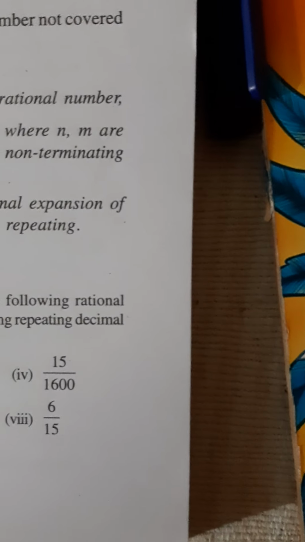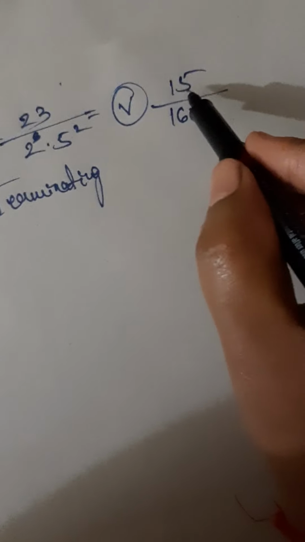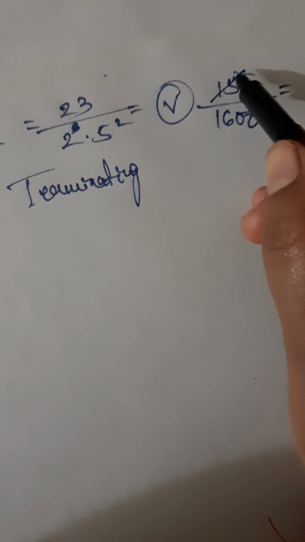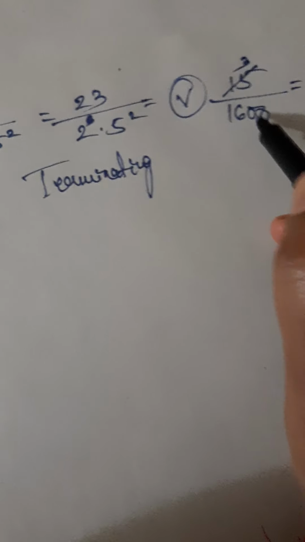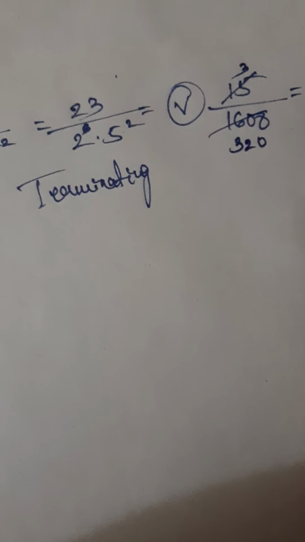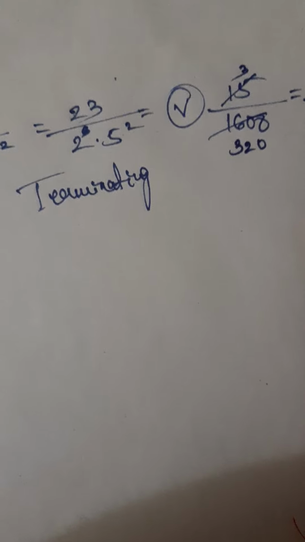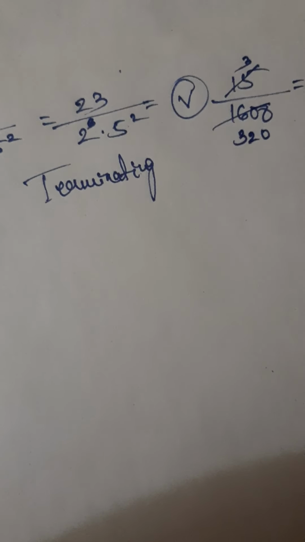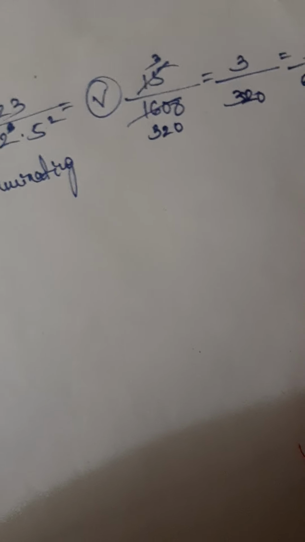That is 15 by 1600. For this 1600, how can we solve now? We can cancel: 5 threes are 15, 5 three hundred twenties are 1600. So we get 3 by 320. For this 320, it is 3 by 64 into 5.